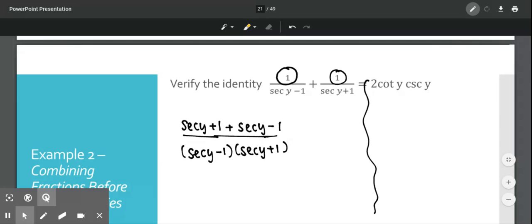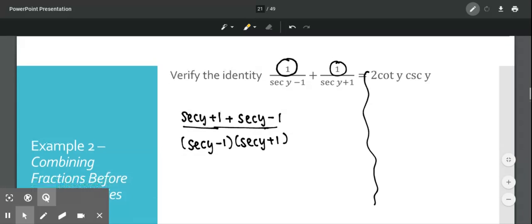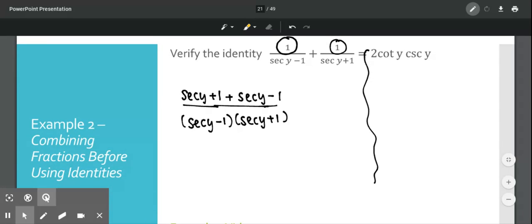And so hopefully you're starting to recognize that when you have that trig function minus 1, trig function plus 1, that's factored as a difference of squares. And so if we simplify the numerator, we get 2 secant y over, and if we multiply the denominator, we get secant squared y minus 1.